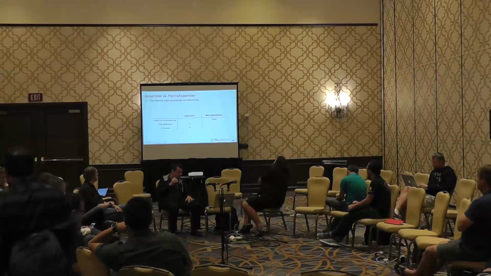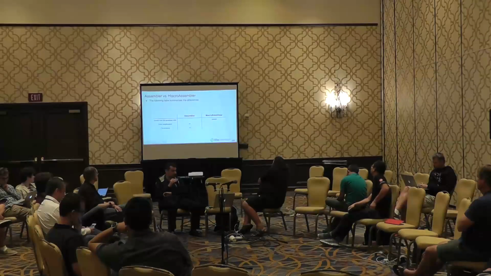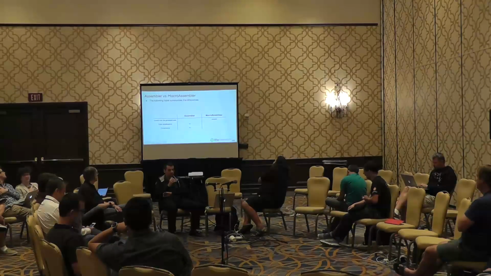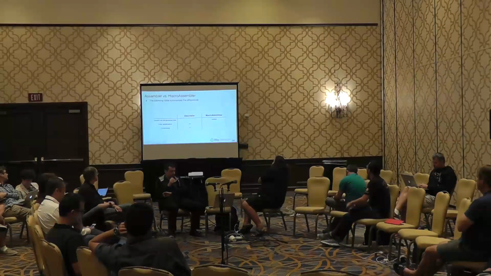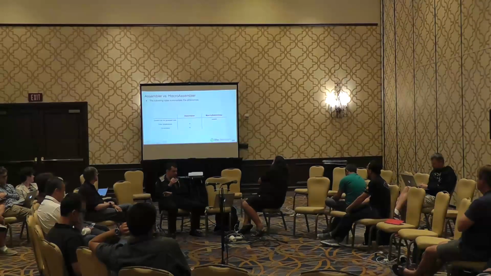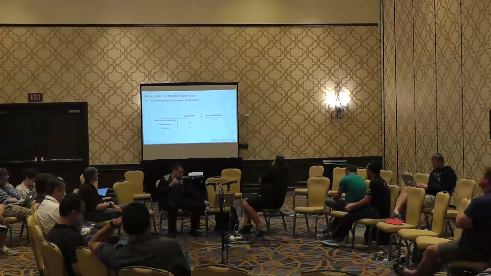So this is a table which summarizes the differences between the assembler and the macro assembler. Again, the assembler provides precise control over the generated code, while the macro assembler has a more relaxed approach to the same thing. But on the flip side, the macro assembler is more convenient to use, and it performs some simple optimizations. It's not a full-blown optimizing compiler.